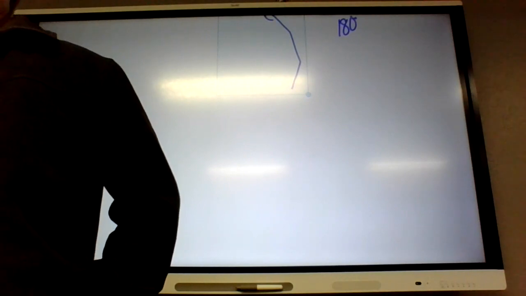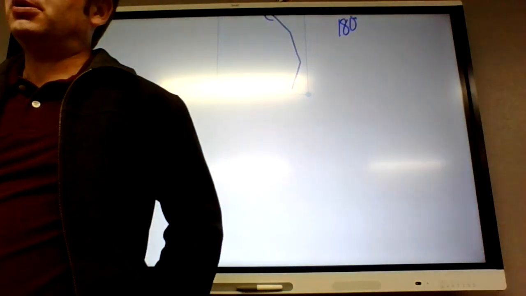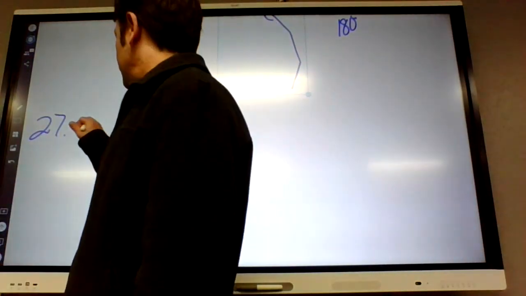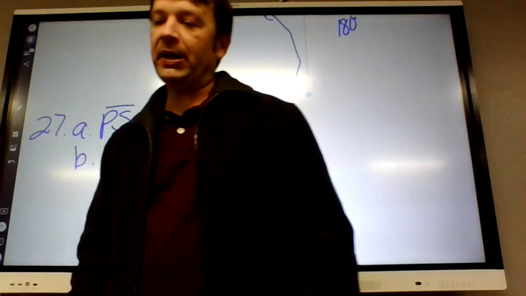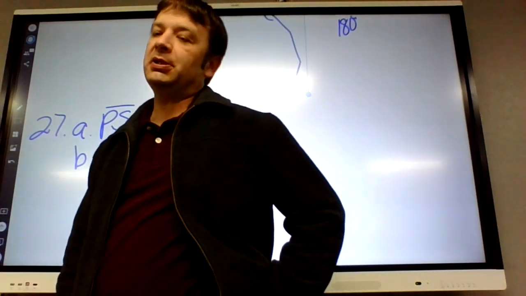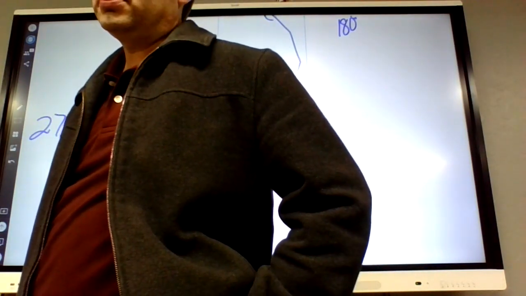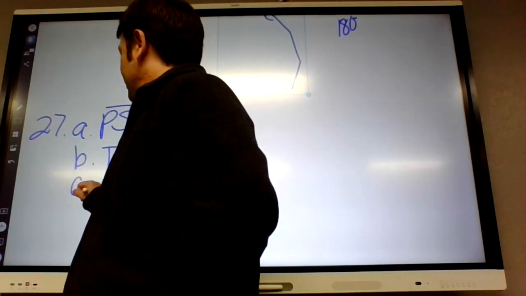So 27, the directions say use parallelogram PQRS for 27 through 29. So you can assume that's a parallelogram. Therefore, segment QR is congruent to what? PS. Length QT equals what? QT equals ST. Yeah, diagonals bisect each other.